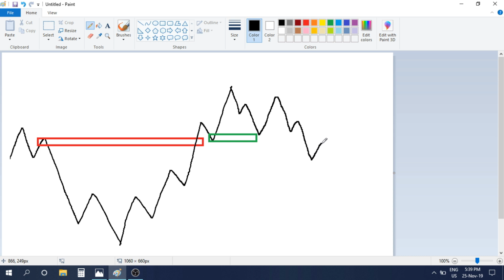And again comes back here, again drops like this. So what has happened here is that this is a chain of ERC zones being created in this kind of price action.